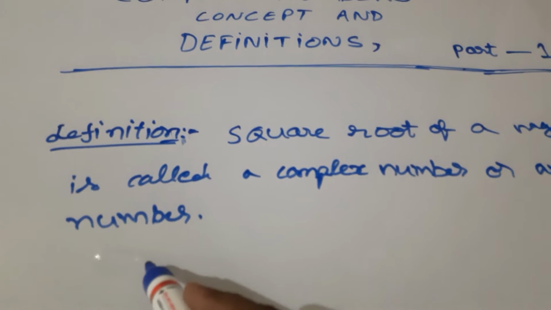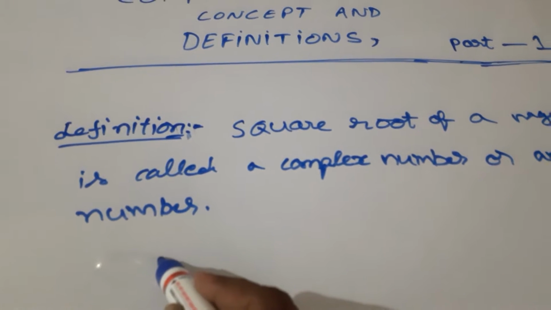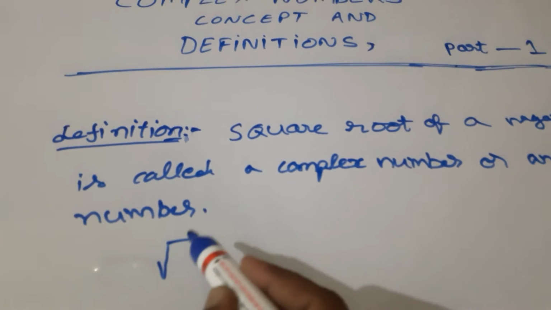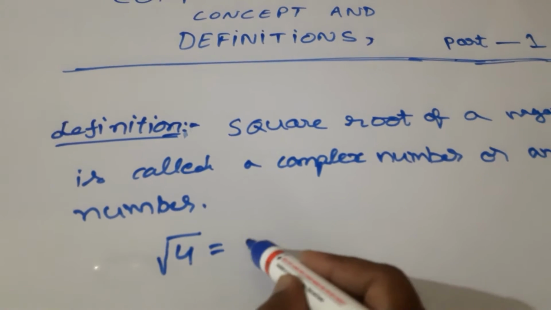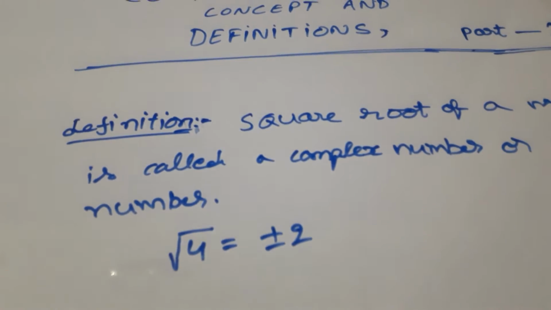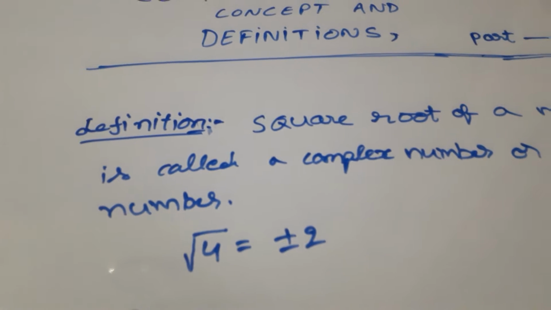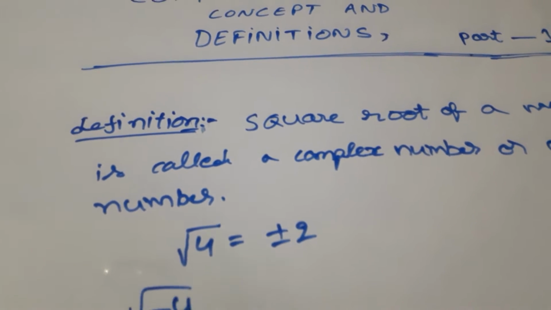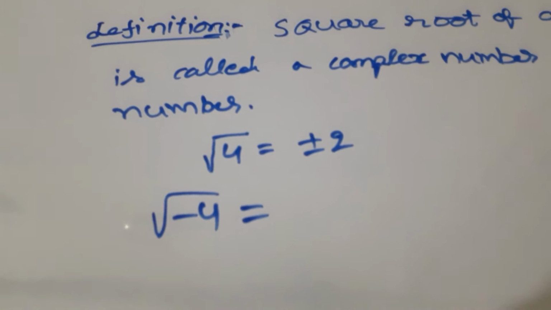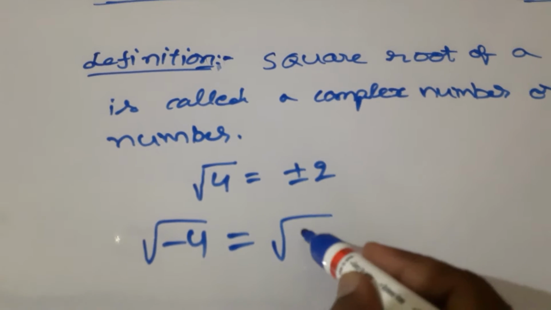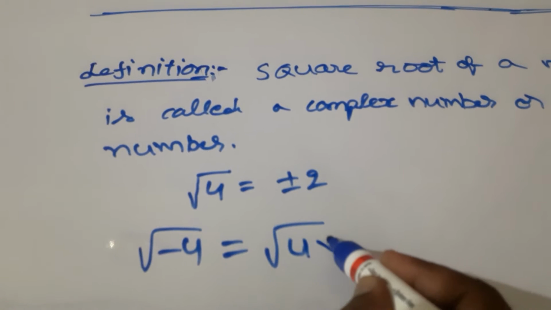For example, we already know that root over 4 equals plus or minus 2. We get two solutions, either plus 2 or minus 2. So, if you want to calculate root over minus 4, what is the value of root over minus 4? We can write it as root over 4 into minus 1.